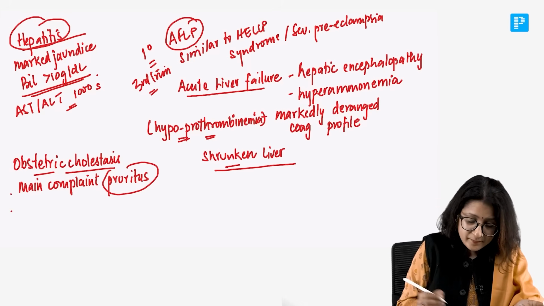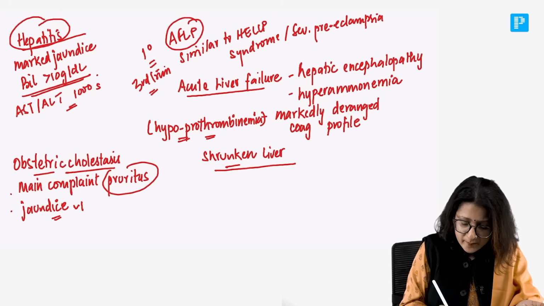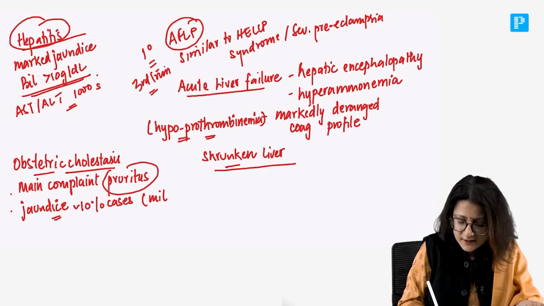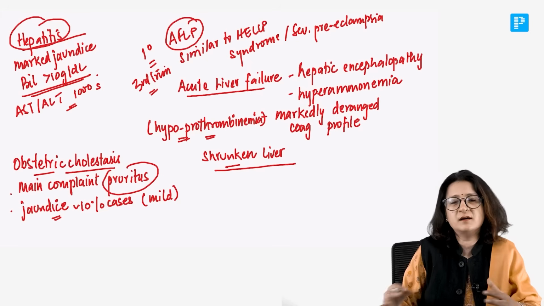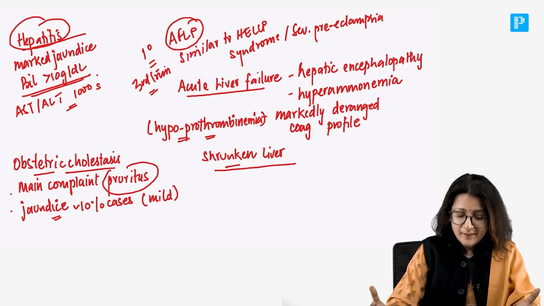And please remember that jaundice can happen in about 10% cases, and even if it occurs, it is usually mild. The serum bilirubin levels don't go beyond 5 gram per deciliter.